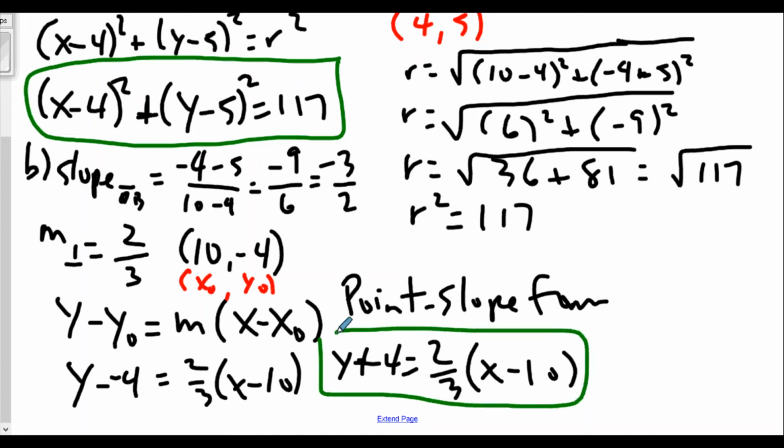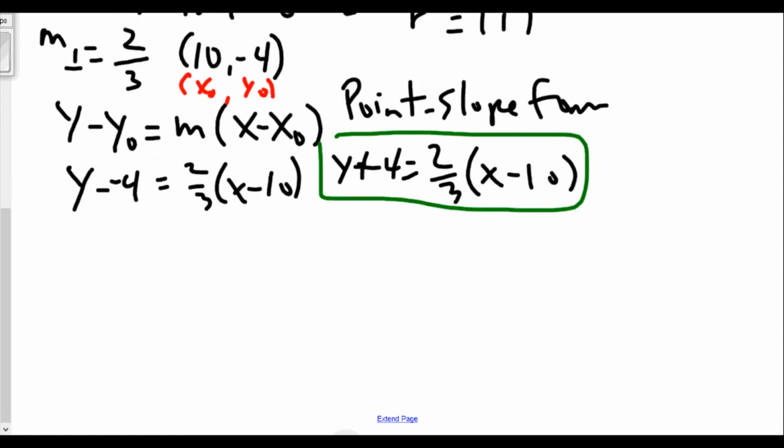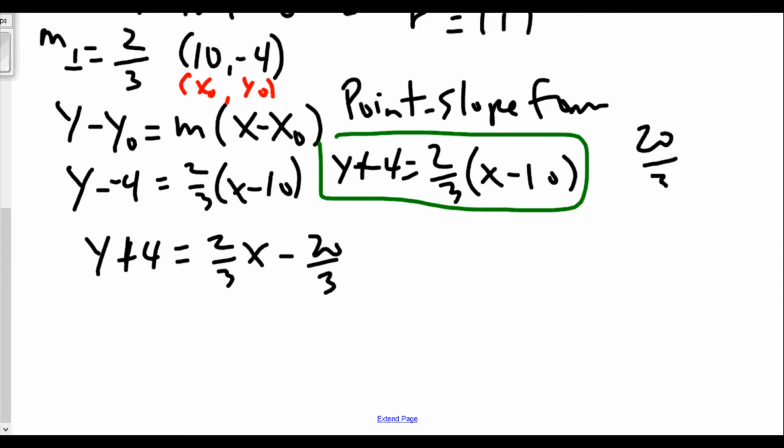Now, some of you are going to say, Mr. Gong, I like having this in y = mx + b form, so we can solve for that too. We have y + 4, and we distribute the 2/3 to get 2/3 x minus 2/3 times 10, which is 20/3, about 6 2/3. Now, why do I do this? Because I'm going to subtract 4 from both sides.